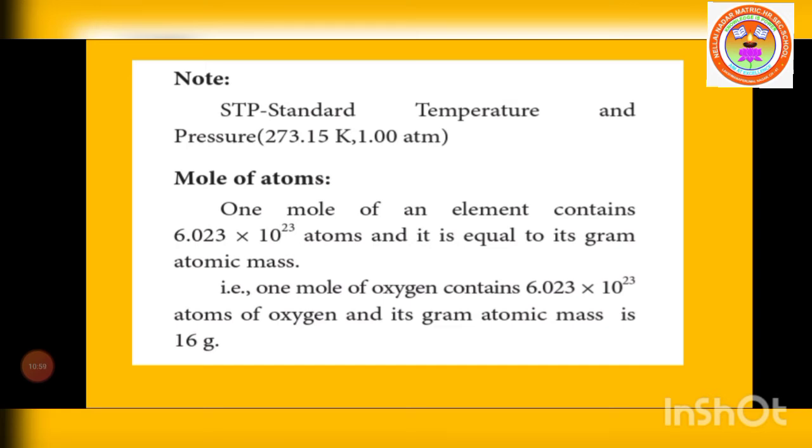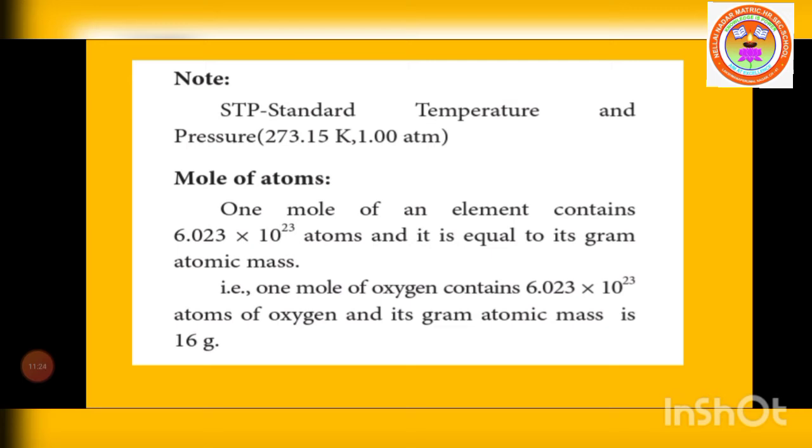So mole of atoms. 1 mole of an element contains 6.023 × 10 to the power of 23 atoms. Already I explained to you, 1 mole is equal to 6.023 × 10 to the power of 23 atoms.